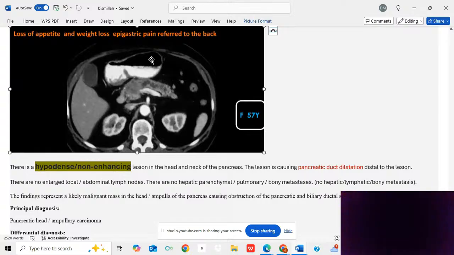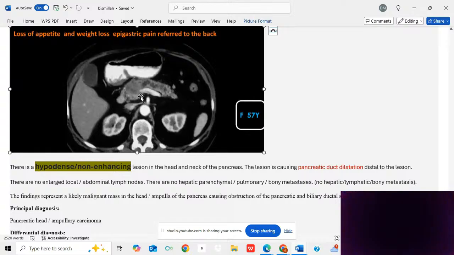So it needs first to be biopsied by endoscopic ultrasound guided biopsy for tissue diagnosis, and after that it needs to be resected.